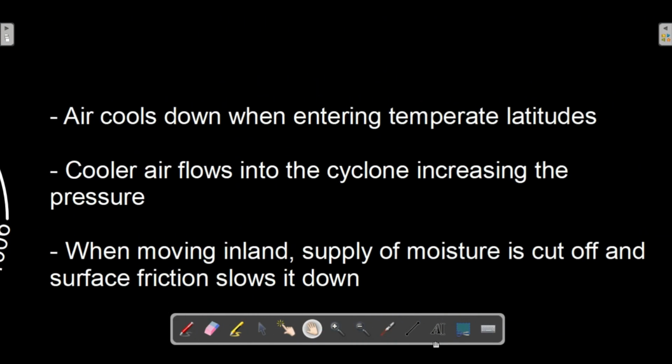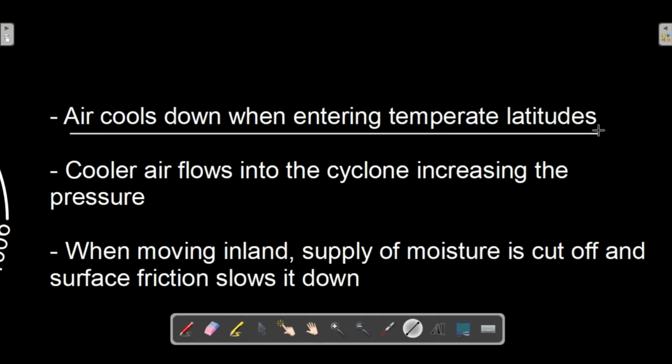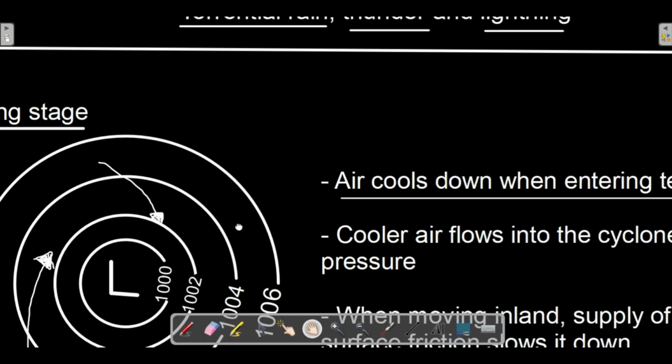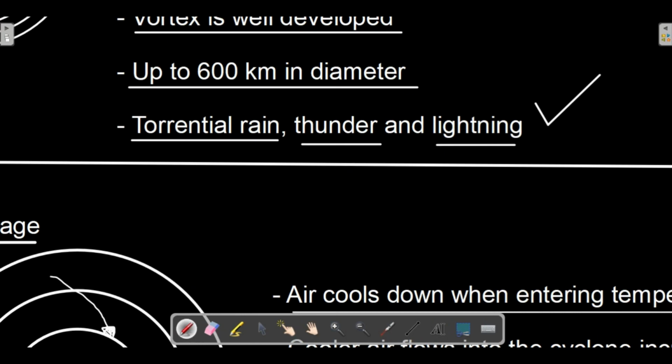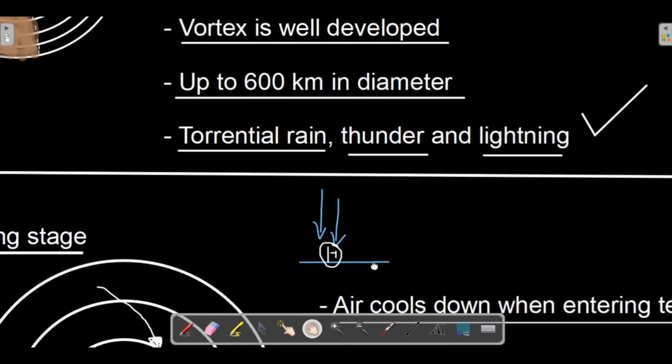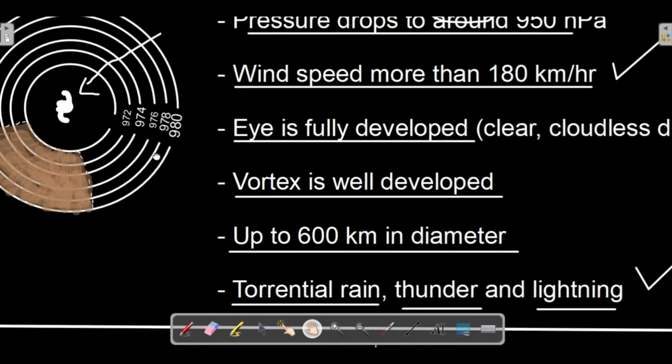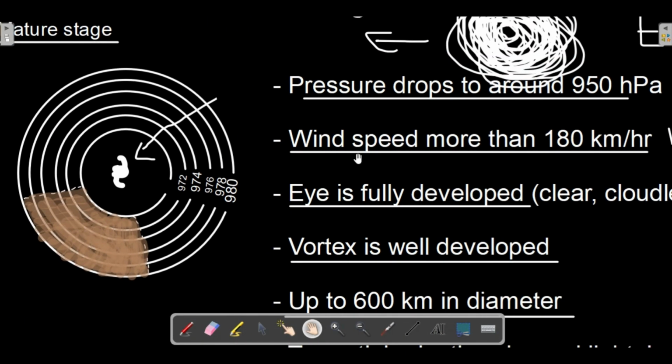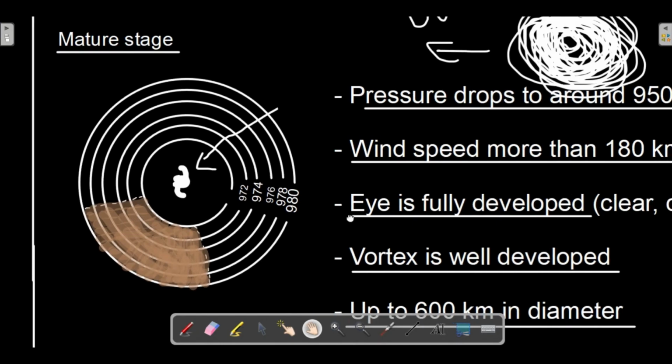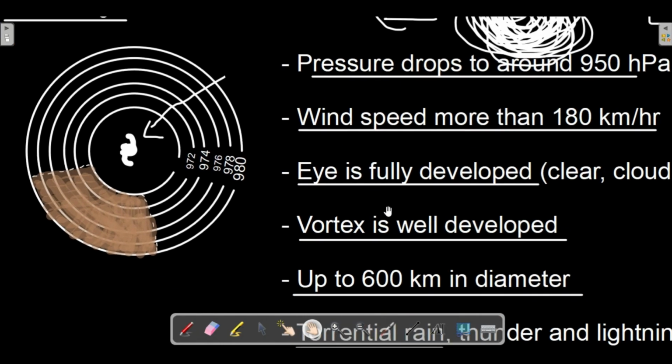So air cools down when entering the temperate latitude, and because this is cold air, it tends to sink. As it sinks, it presses against the ground, putting high pressure on the ground. As we know, a tropical cyclone has a low pressure of about 950 hectopascals in the mature stage.